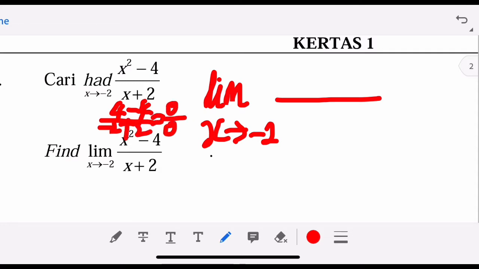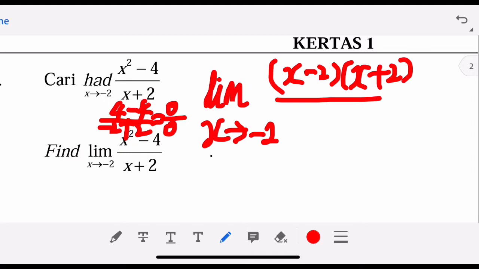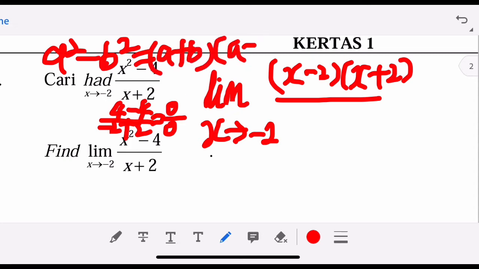So in this case, you have to use factorization. Remember, a square minus b square is (a plus b)(a minus b), right?